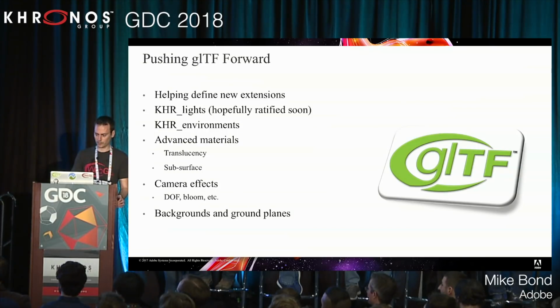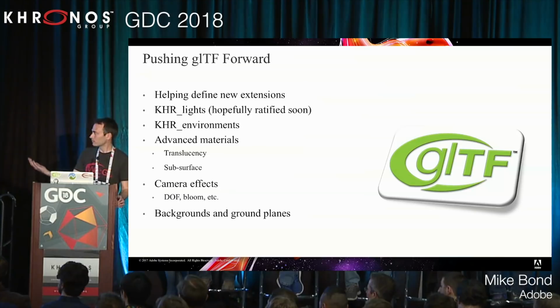So we've been working on pushing the glTF format forward with extensions. To start with, we've been helping out with the KHR lights extension, which allows the definition of simple lights in the scene. And we're going to be moving forward with hopefully getting environments, image-based lighting, and more advanced material features with translucency, et cetera.